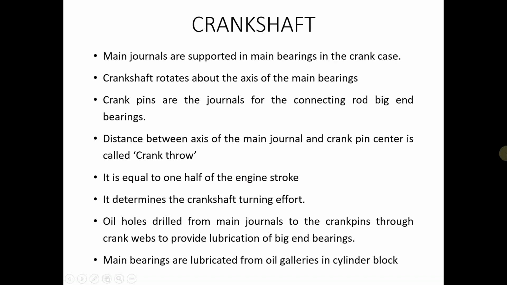The crank throw is usually equal to 1/2 of the stroke length of the engine, and that is the ratio L by R we learned. R here denotes the crank throw, and it determines the crankshaft turning effort.